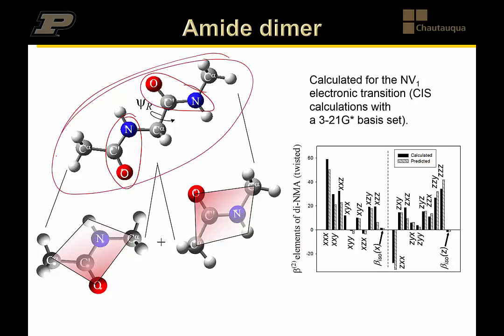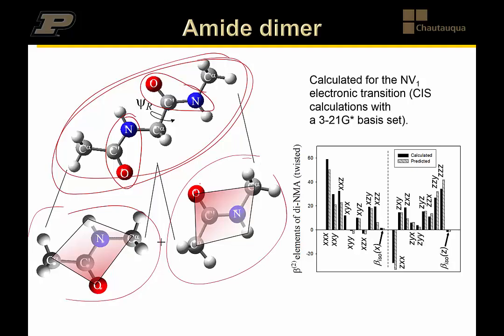considering this fully coupled system as just the sum of the two uncoupled monomers in terms of the amplitudes and polarization dependences? What you see over here in the table is a curious table with calculated and predicted values. The predicted are generated by taking the nonlinear optical properties of an individual monomer and adding it to itself in the orientation of the dimer.